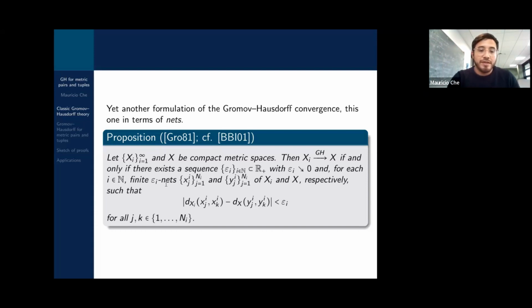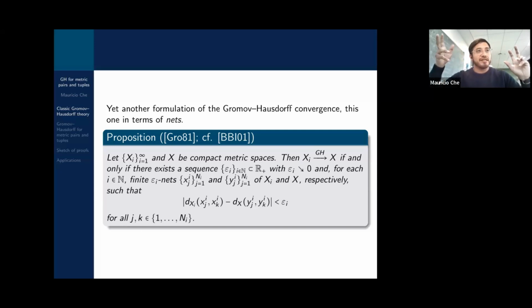So the formulation of Gromov-Hausdorff convergence using nets is that a sequence converges to a space X if and only if, again, we have a sequence of positive numbers epsilon i that go to 0, and for each i we have an epsilon i net in Xi and an epsilon i net in X, both with the same number of points.